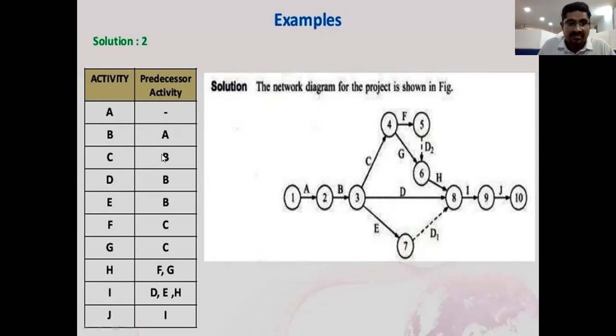If the B activity is completed, then only C, D, and E, these 3 activities will be performed.